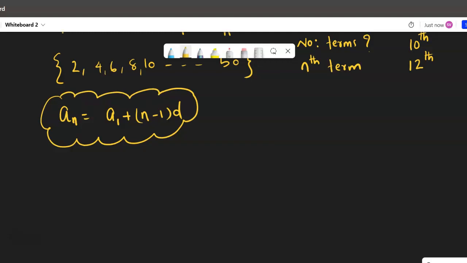You know that a1 is the first term. If I need to find the 12th term of a sequence, and you know the first term, the number of the term that we need to find, and the common difference, you can easily find it.